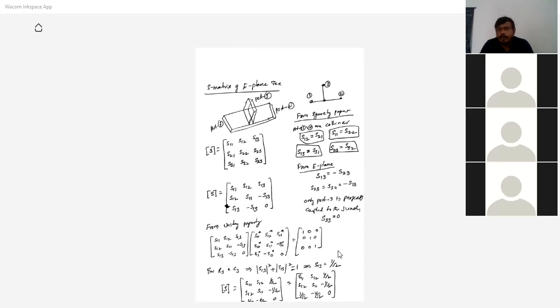Then you apply 0 property for this matrix. Then tell me what is the S11. Is it over up to this point? Can I go for the next page? Is it clear? Anyone, please? Yes, sir. Okay. Next one.